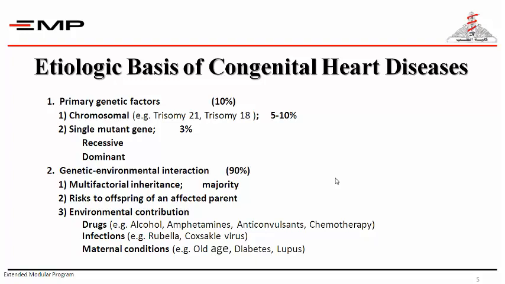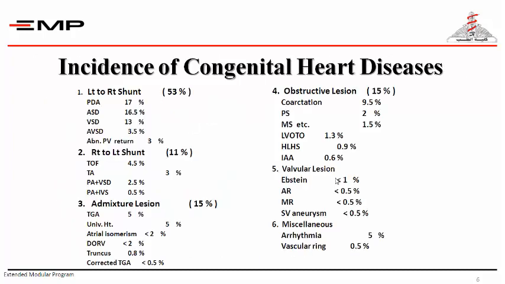As we just discussed, any insult, as for example drugs, alcohol, amphetamines, and convulsants for the mother, or infections of the mother such as rubella or Coxsackie virus, or maternal diseases such as diabetes, lupus, or an old age of the mother, may result in major morphological abnormalities of the heart, and results in congenital heart disease.